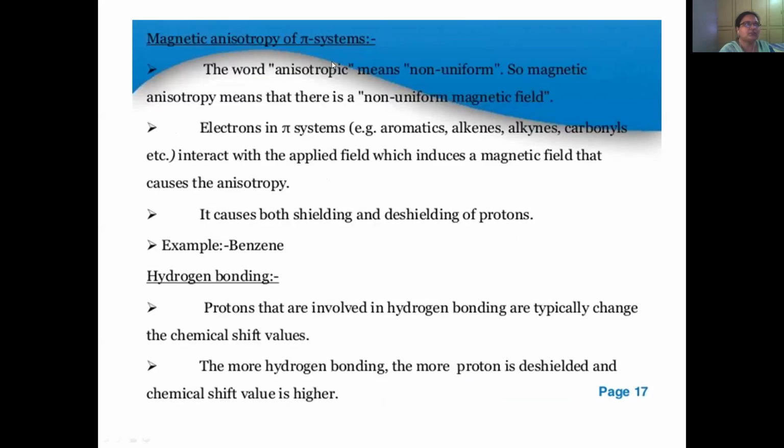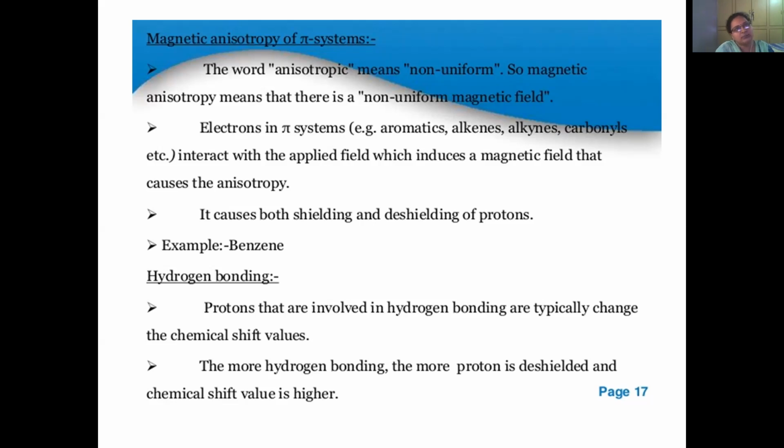Then we have magnetic anisotropy of pi systems. Anisotropy means non-uniform, so magnetic anisotropy means there is a non-uniform magnetic field. Electrons in pi systems like aromatic compounds, alkenes, alkynes, carbonyls, etc., interact with the applied field, which induces a magnetic field that causes the anisotropy.